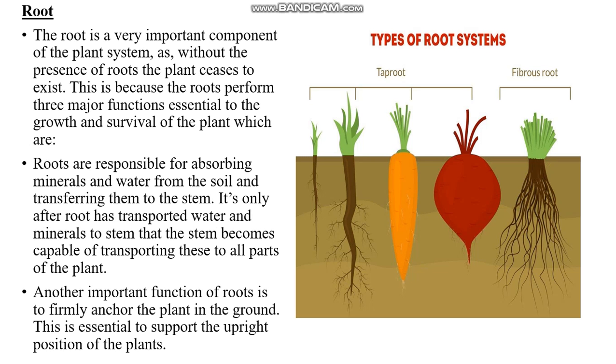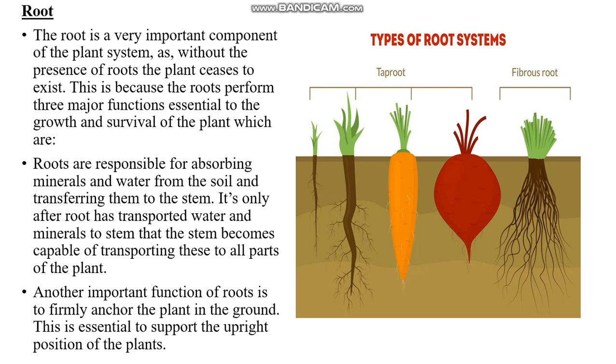In some plants, roots are modified to perform other functions. For example, in radish, carrot and turnip, the roots are modified to store food. Such roots are known as storage roots. In some plants like banyan and sugarcane, roots grow from the stem or branches and provide extra support to the plant. We call these prop roots.